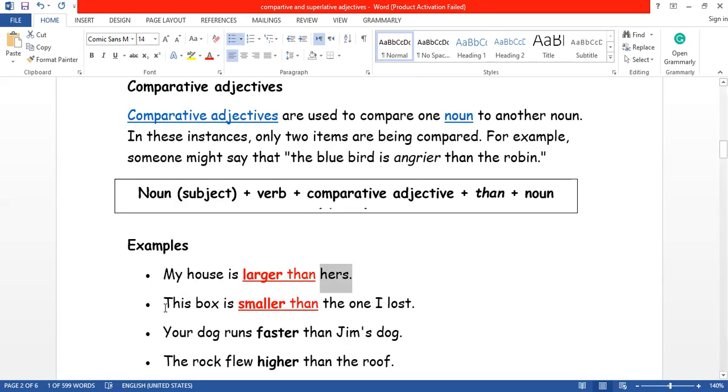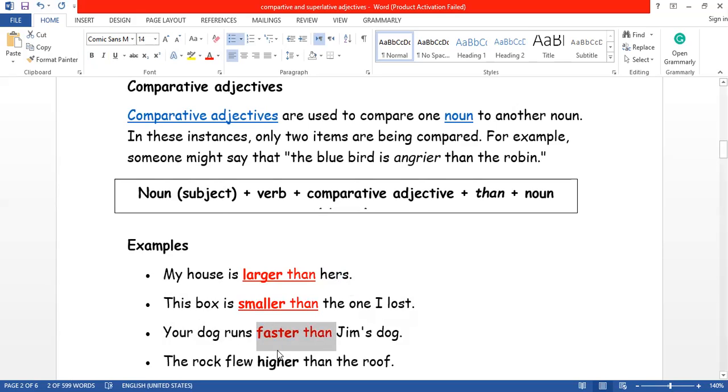So the next example: this box is smaller than the one I lost. The one I lost is the noun here. We are comparing between this box and my box. Your dog runs faster than Jim's dog.